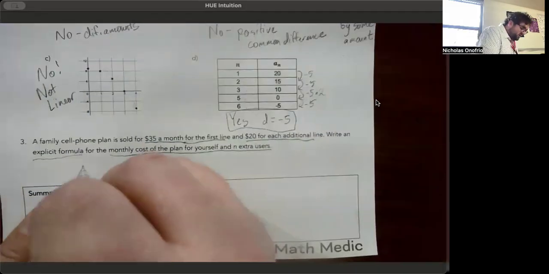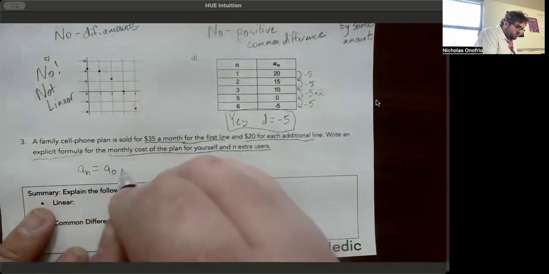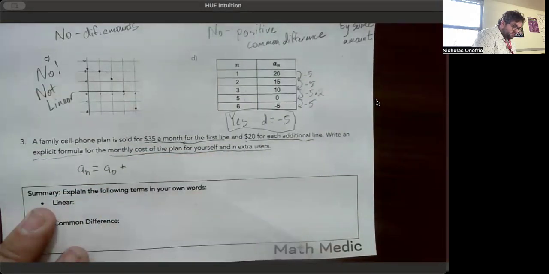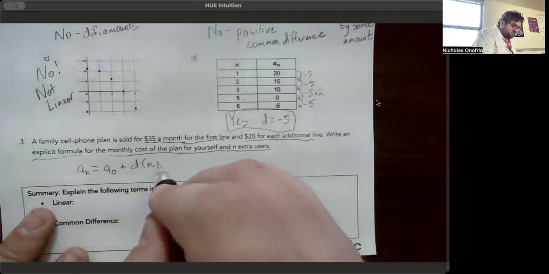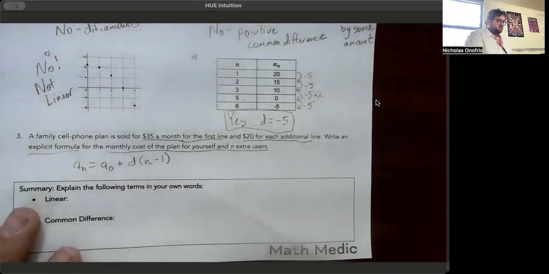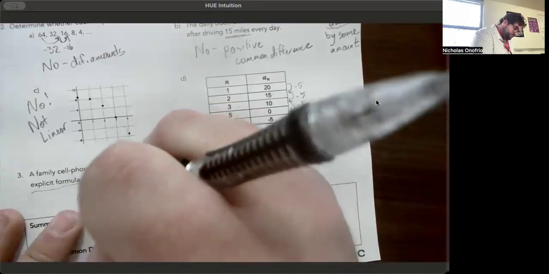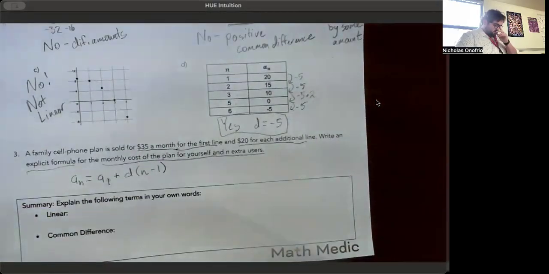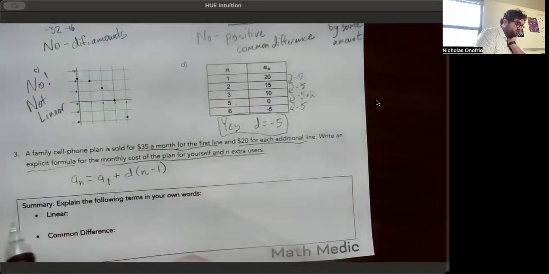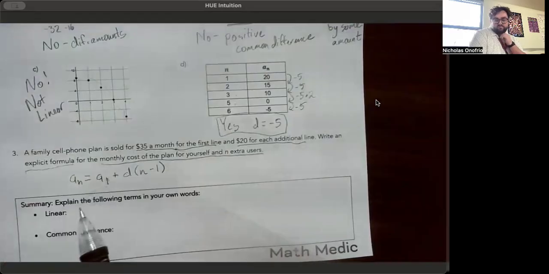So we can always start with our a_n, our general formula. a_n equals a_1 plus d(n minus 1). We know a_1 is that initial term for that first user.